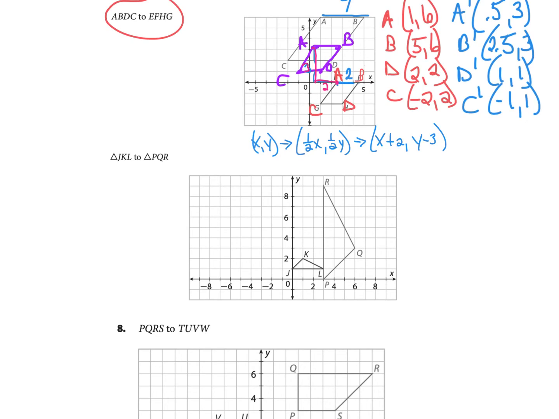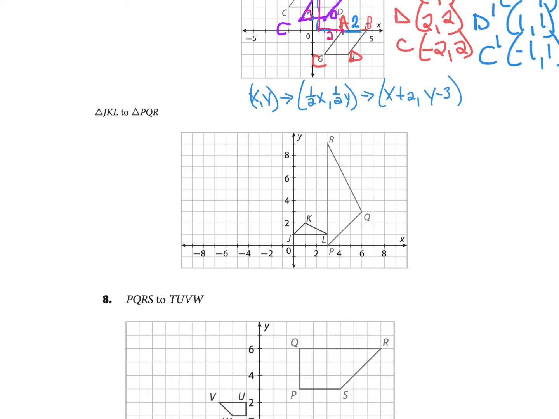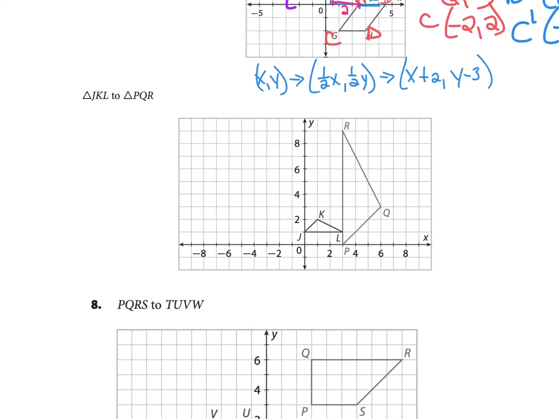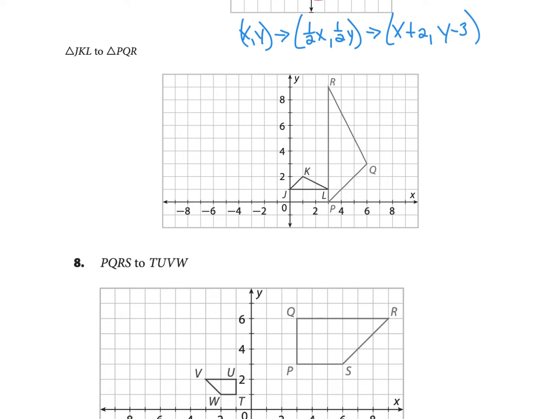Okay? So then let's look here. JKL to P. Oh, there's P. K goes to Q. L goes to R. Alright, so, like I said before, orientation first.